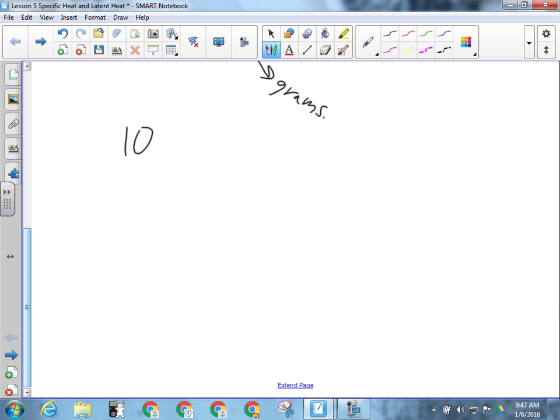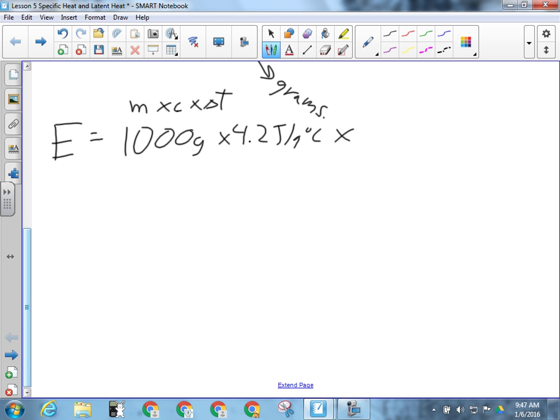So we've got 1,000 grams of water, and we're trying to figure out how much energy it will take to heat it from 20 degrees Celsius to 100 degrees Celsius. All right, so I'm going to go E equals M times C times delta T. The C for water I just gave you, it's 4.2 joules per gram degree Celsius. And I'm multiplying that by the change in temperature.